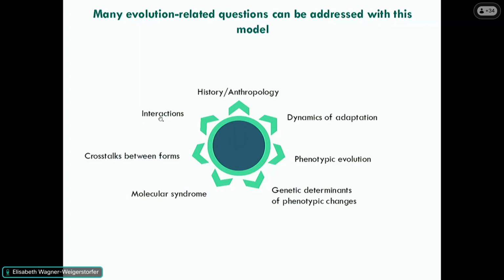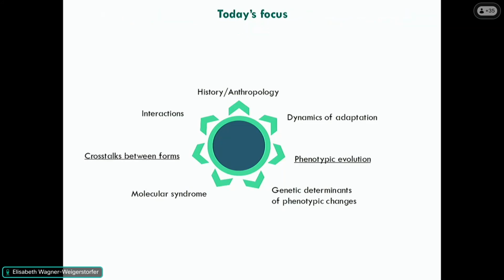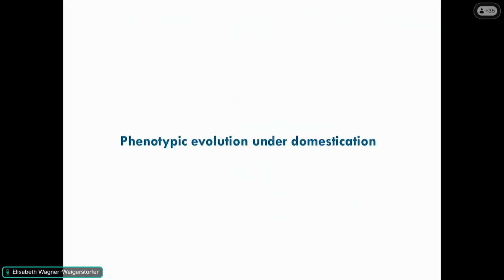And something that I had a growing interest for is the impact of domestication on the interactions between plants and their abiotic environments, but also plants and their biotic environments. And in particular, I have some research work going on the impact of domestication on plant-plant interactions, even from different species. But today, I'm going to focus on two questions: phenotypic evolution and crosstalks between forms.